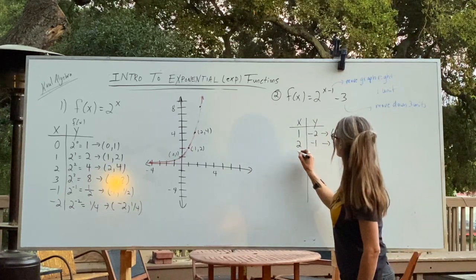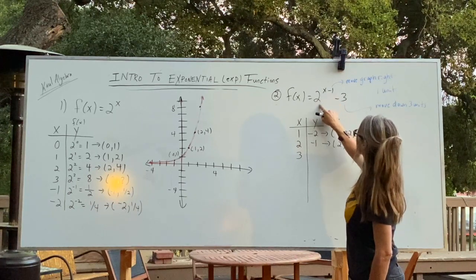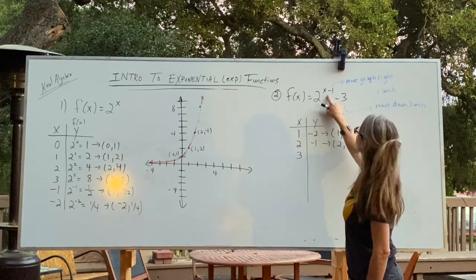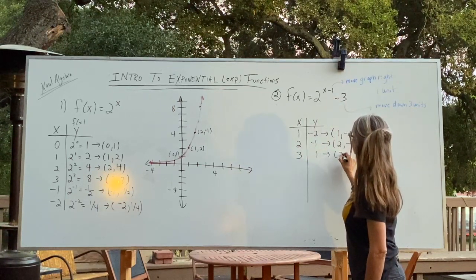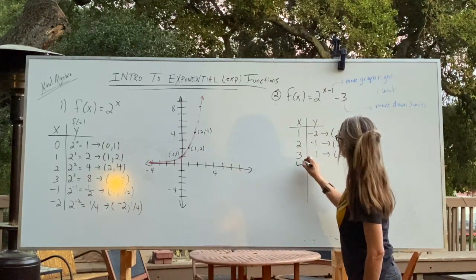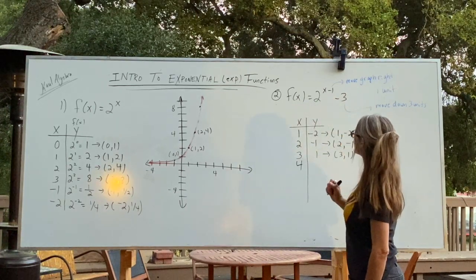And then let me go ahead and try 3. If I put a 3 in the exponent for x, I get 2 to the 3 minus 1, which is 2 squared, which is 4 minus 3, so I get 1. And if I go ahead and try 4, 4 will give me 2 to the 3rd power, which is 8 minus 3.